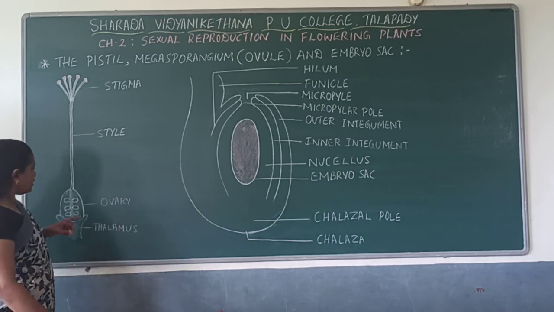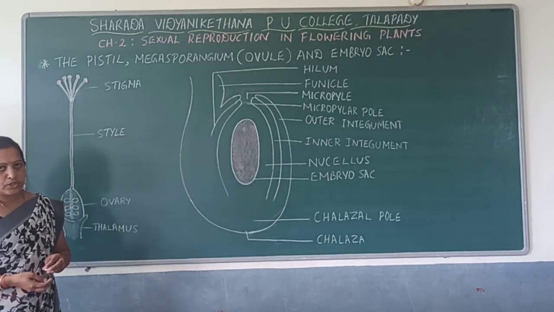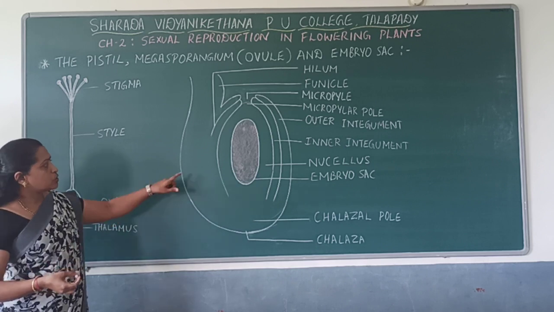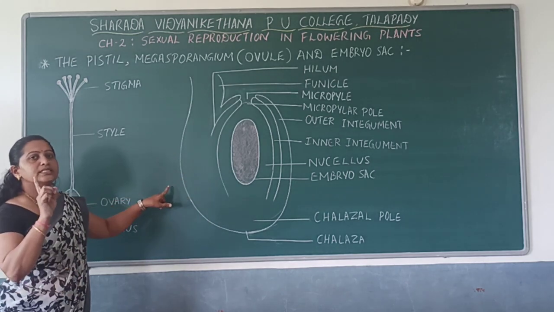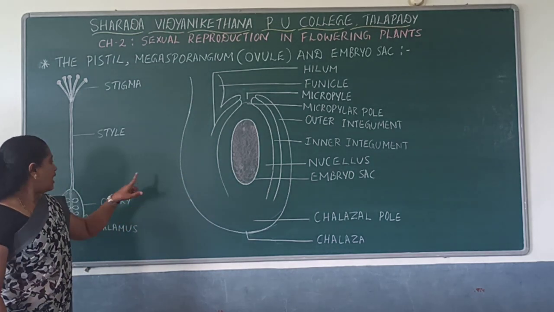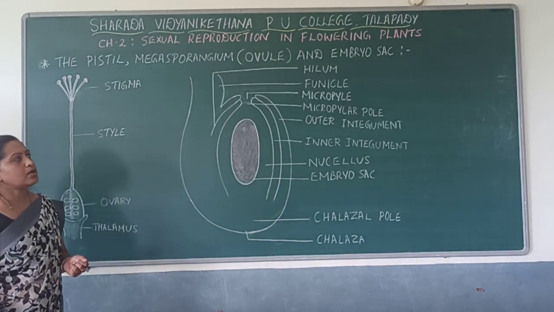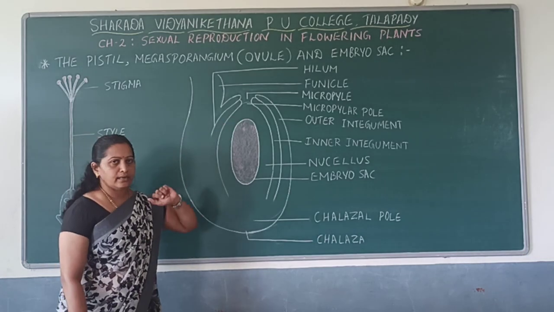Ovule is considered as megasporangium. Here we have represented a single ovule, and these ovules are attached to the placenta with the help of a stalk known as funicle.